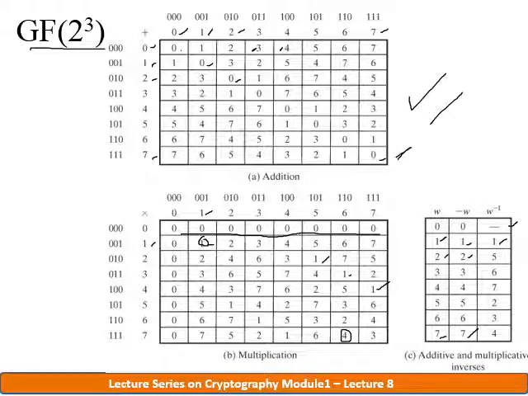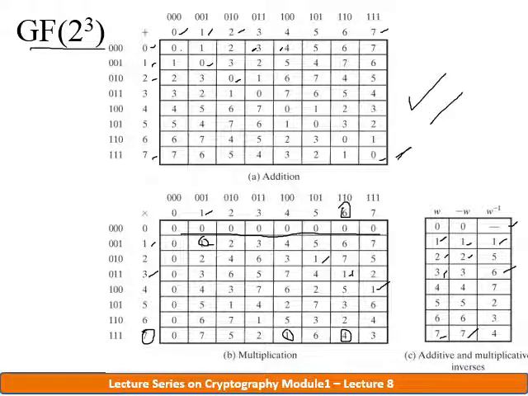Coming to this 3 now. For 3, multiplying with what number do we get 1? By multiplying with 6. Therefore, for 3, the multiplicative inverse will be 6. And for 7 now, multiplying what number do we get the identity element?